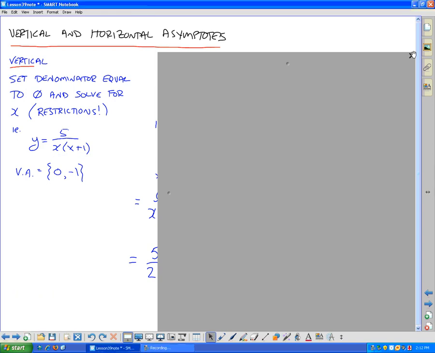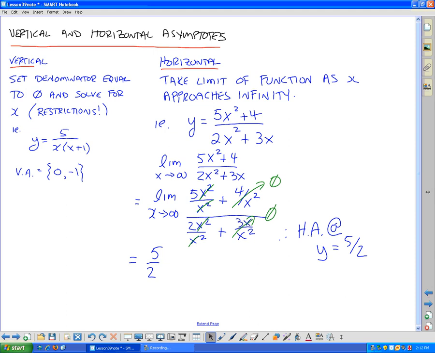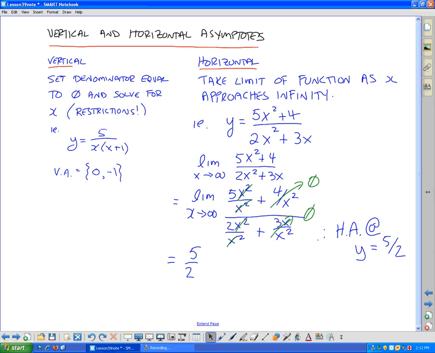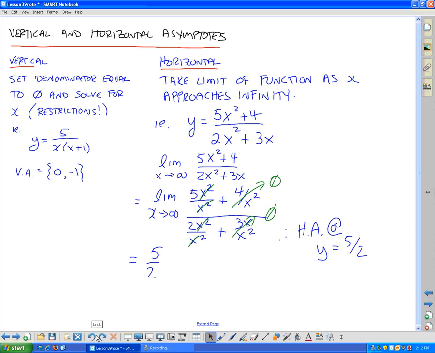Horizontal asymptotes. This is where we take the limit as the function approaches infinity. So we are really doing the limit as x approaches infinity of f of x. And this is the process that we talked about in Unit 3.